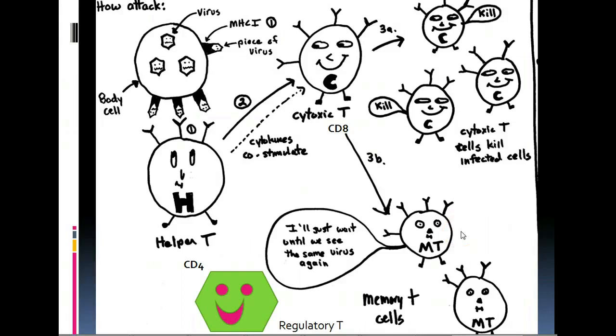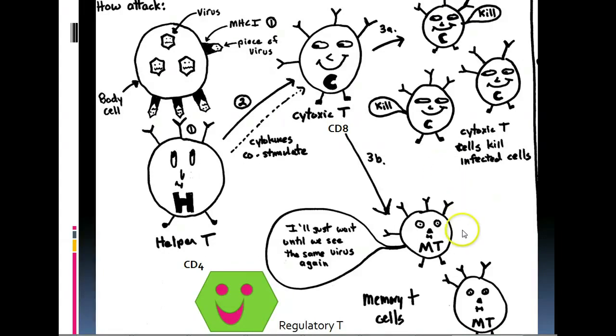The next time you get infected by the same virus, let's say the chickenpox virus, your body doesn't have to go through finding the right helper T or the right cytotoxic T. These memory T cells will identify it quickly, start going through mitosis, produce cytotoxic T cells, and go after any cells that have been infected by that virus many times before you even know you were sick.